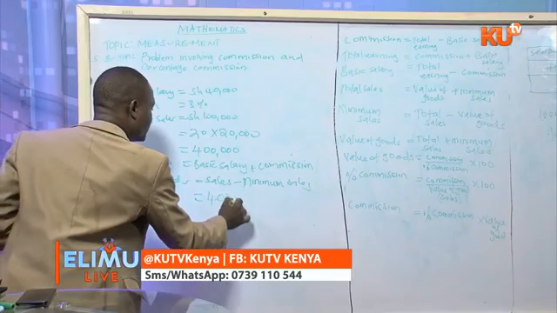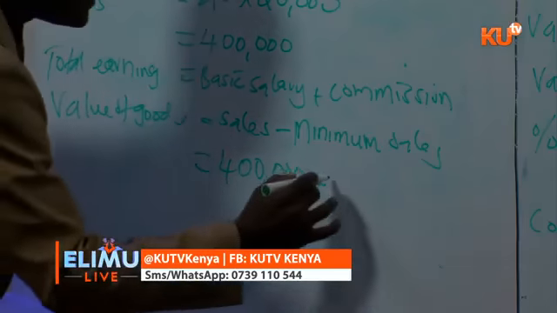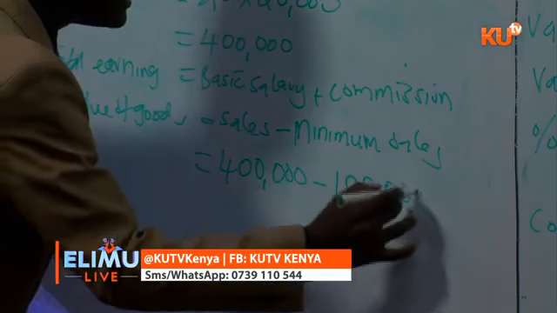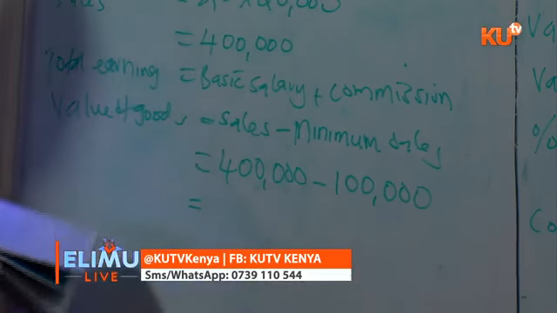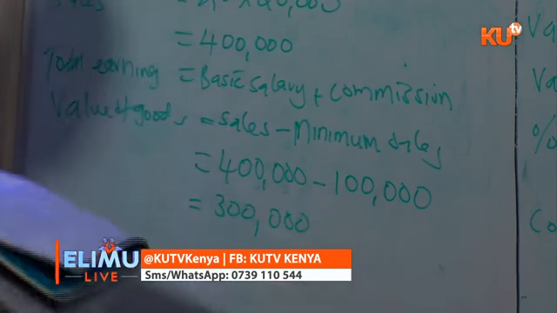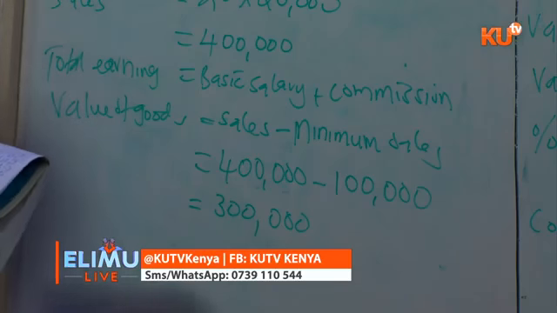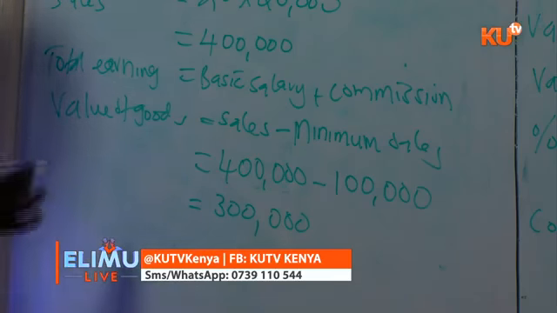So 400,000 minus the minimum sale, which is 100,000, will give us a total of 300,000. So the 300,000 is the value of goods on which he is supposed to get commission. Then we now find the commission.